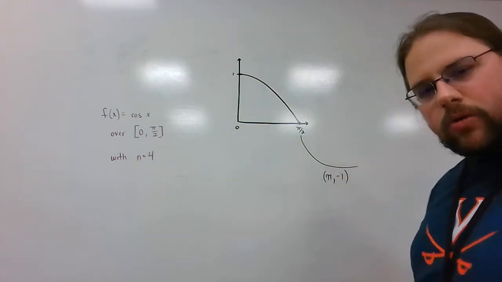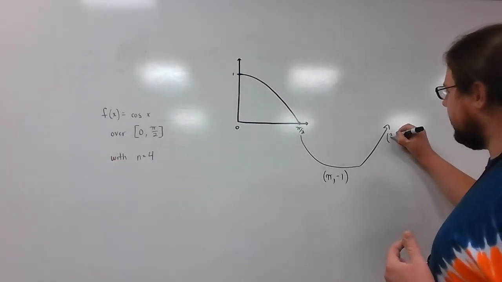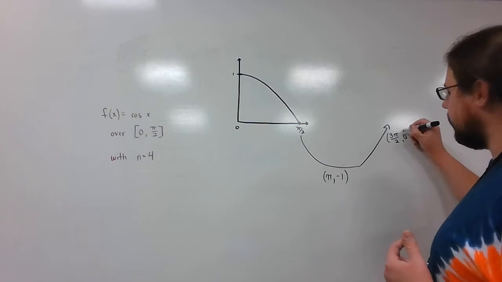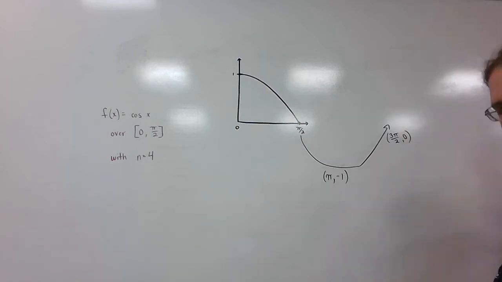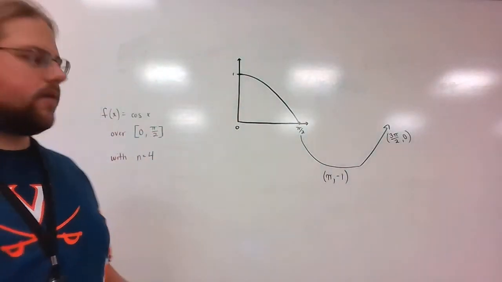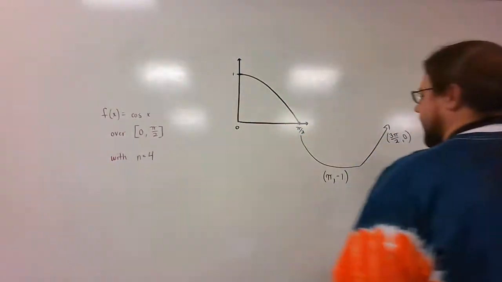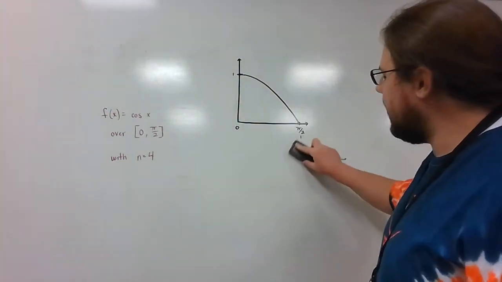Then it's going to go right back up and hit 3 pi over 2 comma 0, which is the other x-intercept, and keep going back up. Remember, cosine and sine repeat themselves very often. I don't really need all that information because my domain, the interval I want to worry about, is from 0 to pi over 2.